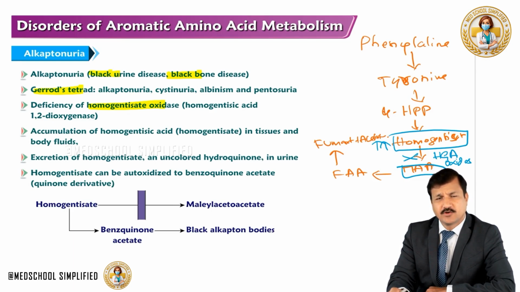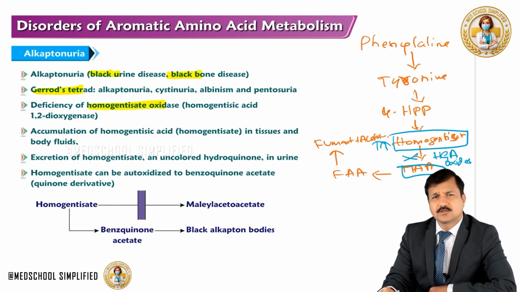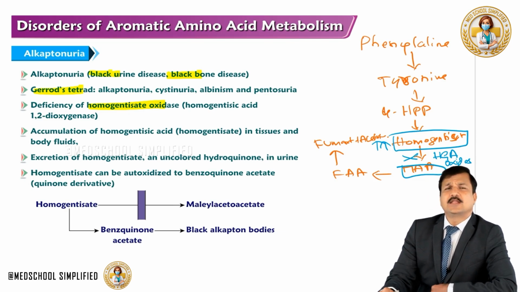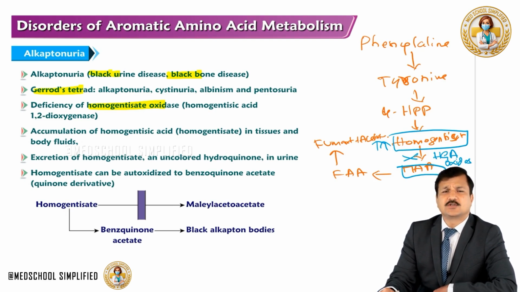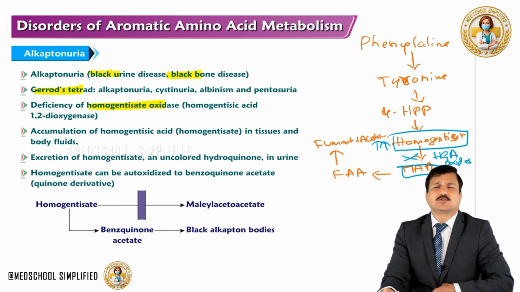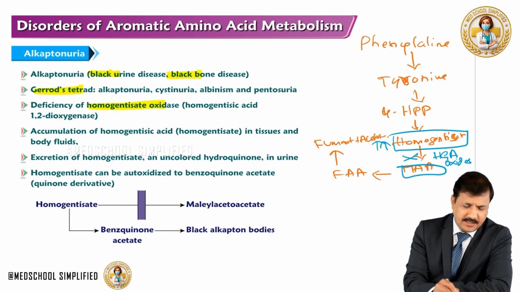This benzoquinone acetate has a higher affinity for cartilaginous tissue. It will bind to any tissue that contains cartilage. Also, benzoquinone acetate present in the body fluids, upon exposure to air, is oxidized into black alkaptone bodies. So there will be black or slate gray coloration seen in this particular condition. That is what I am explaining here.